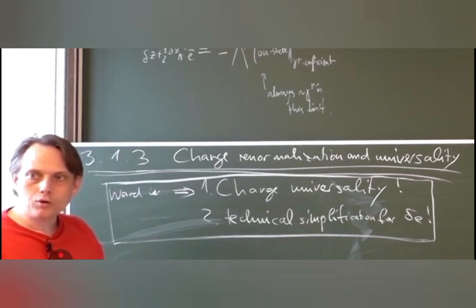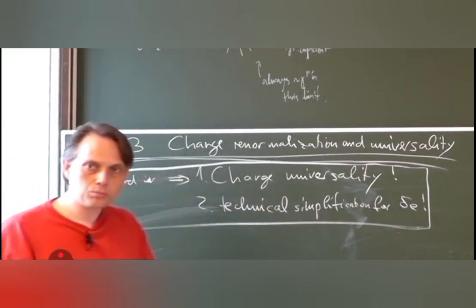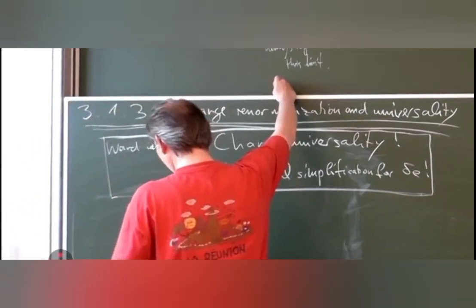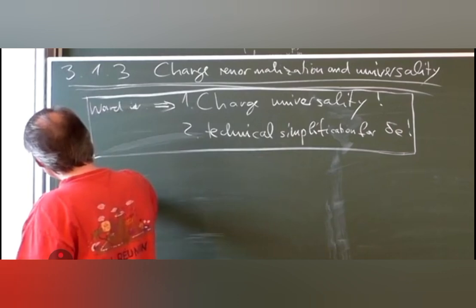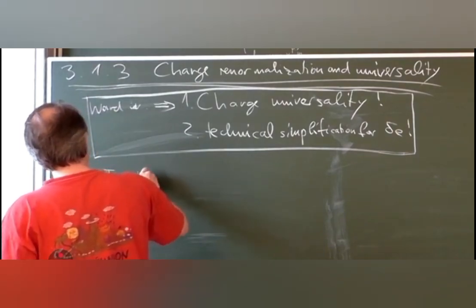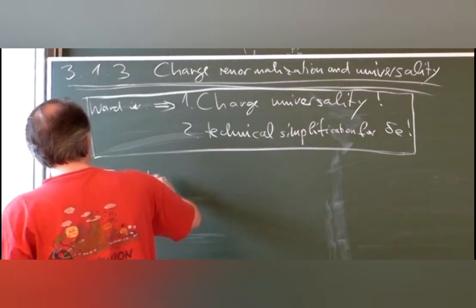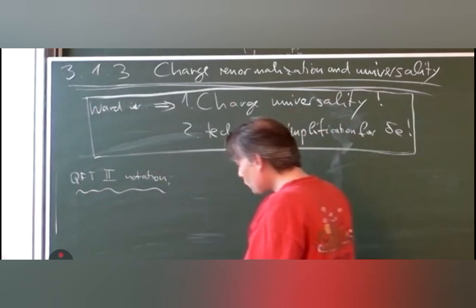Let us elucidate both statements and let me show you the Ward identity where it comes from. And let me do it again in quantum field theory 2 notation, for the derivation at least. For the derivation we use some technical expressions from the other lecture.